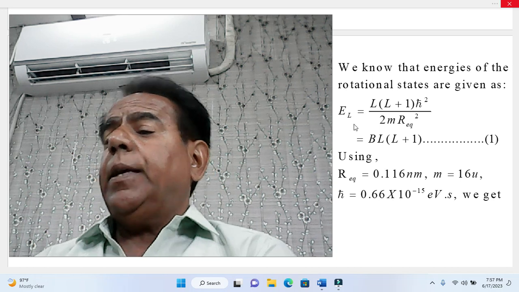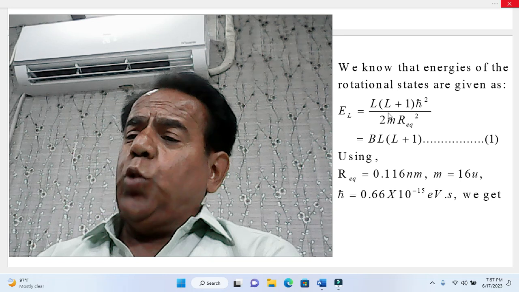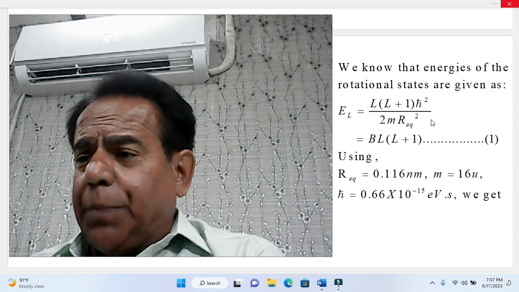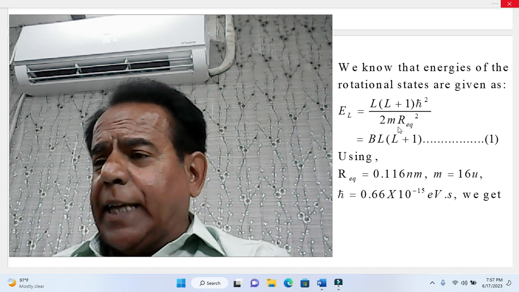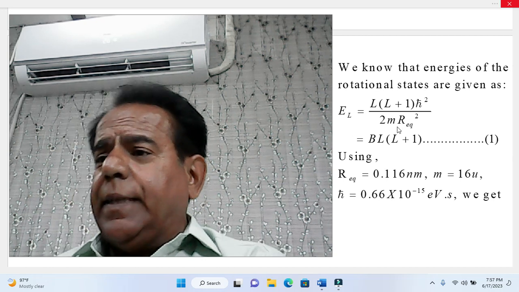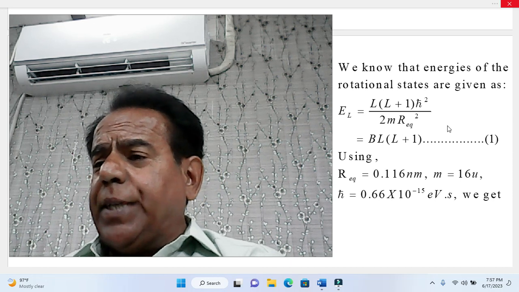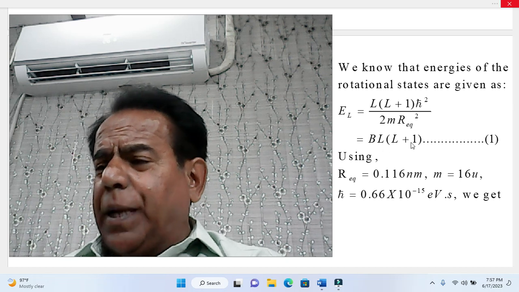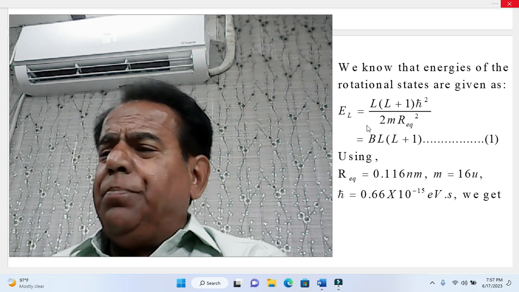Okay. Dear students, this is exactly the helping tool which we have already discussed. We have become familiar with this expression. This has been described earlier in a helping tool. Using it now in this equation, here B L(L+1) is just a part of this expression.